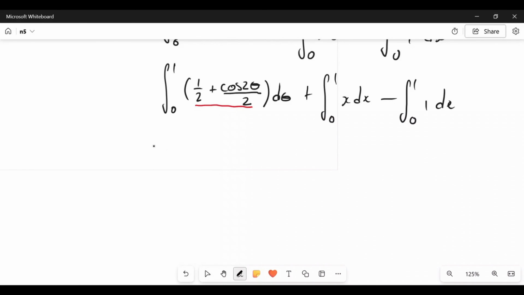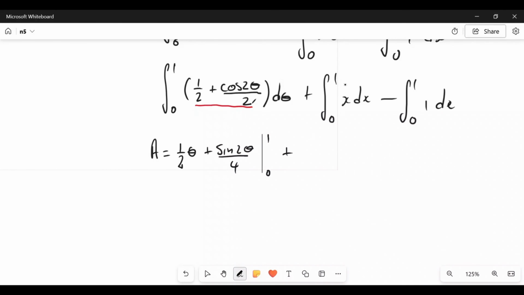If we integrate here, we're going to have area equaling to. So what is the integral of half with respect to theta? It's going to be 1 over 2 theta, right? And then plus, now we need to integrate cos 2 theta over 2. So this is going to be sine 2 theta over 4. And then we have the upper limit again, which is 1 and 0.